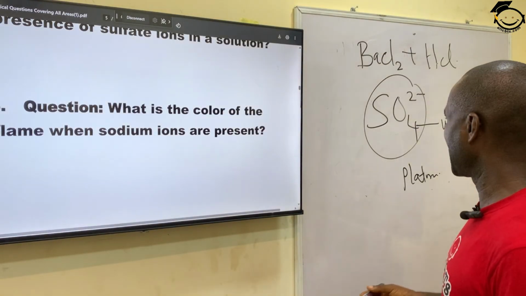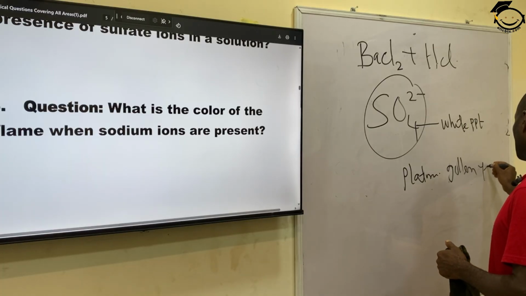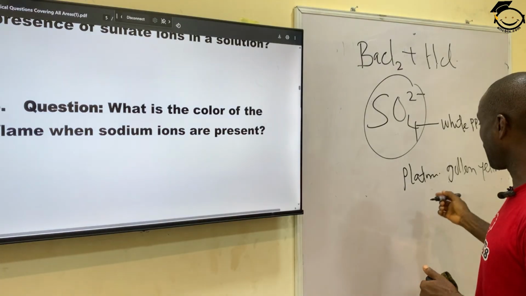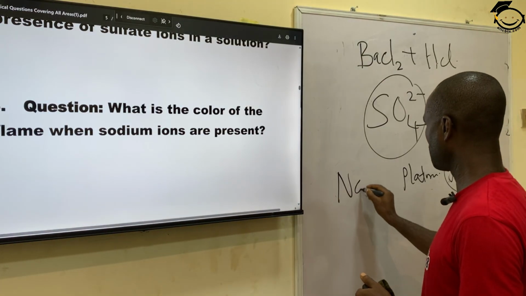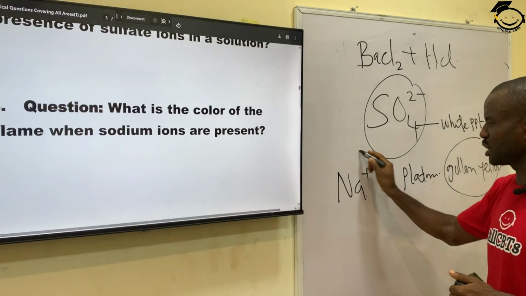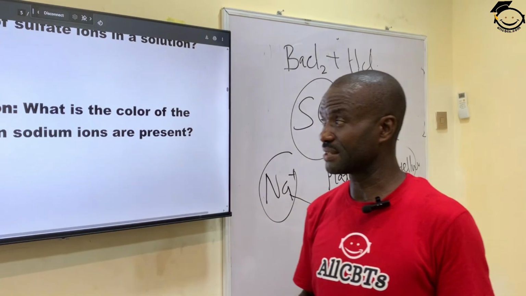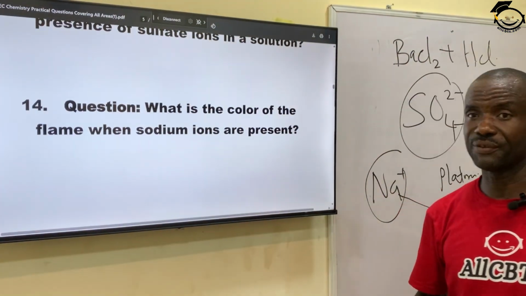You discover that the color change will be golden yellow. When you see a golden yellow flame over the platinum wire, it tells you that the material you're identifying is sodium ion. Only sodium ion will give you a golden yellow flame when tested with flame.